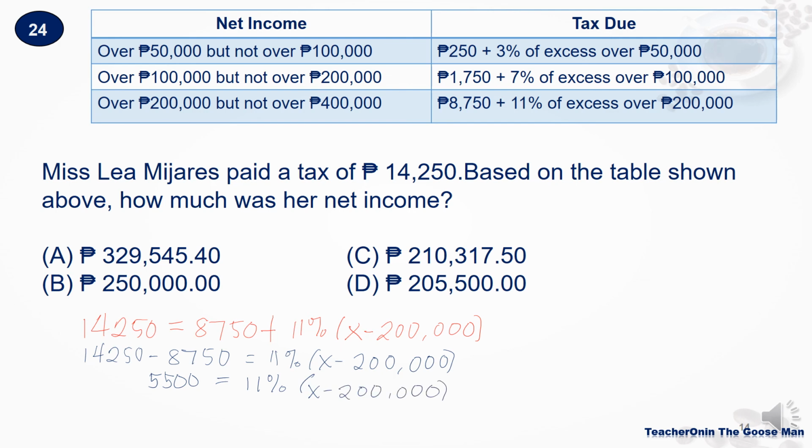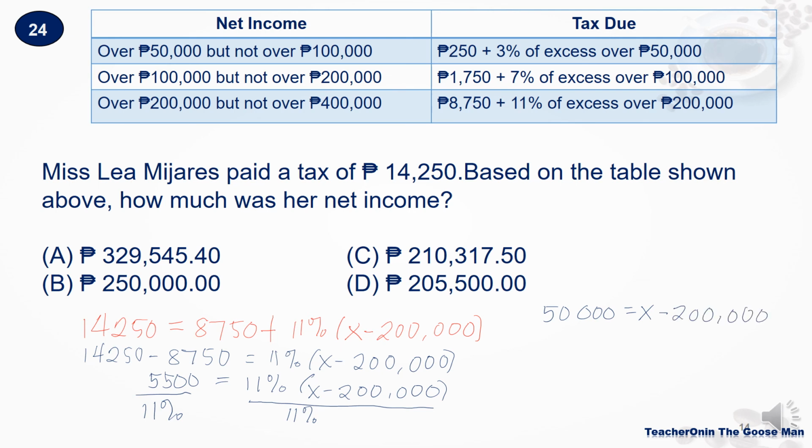Then, solving for x, I divide both sides by 11%. So, if I divide both sides of the equation by 11%, I come up with 50,000 is the same as x minus 200,000.